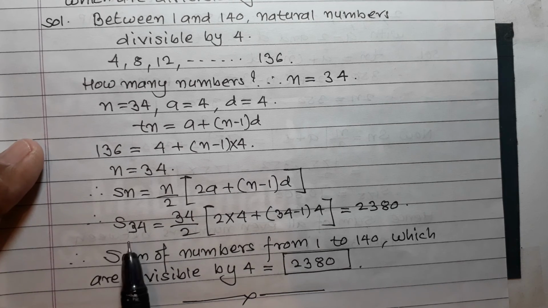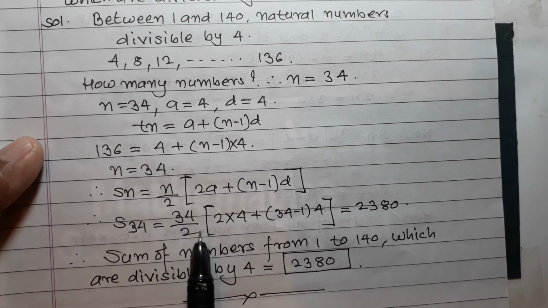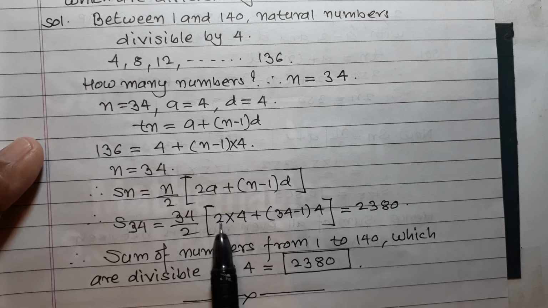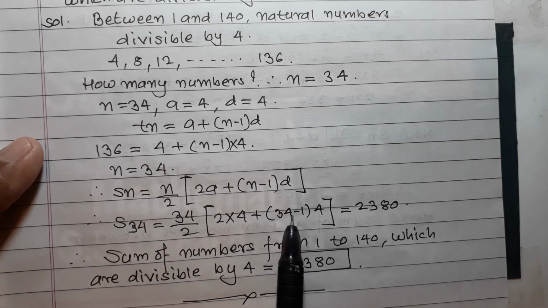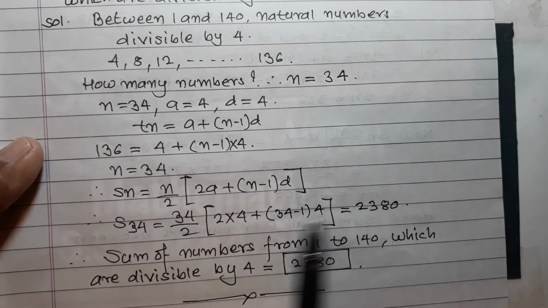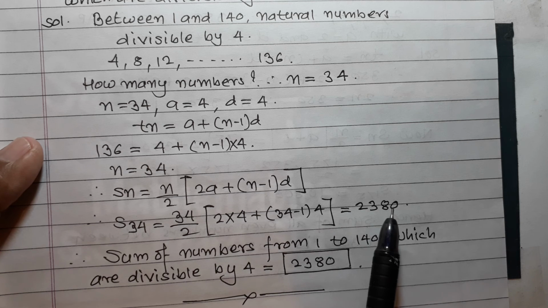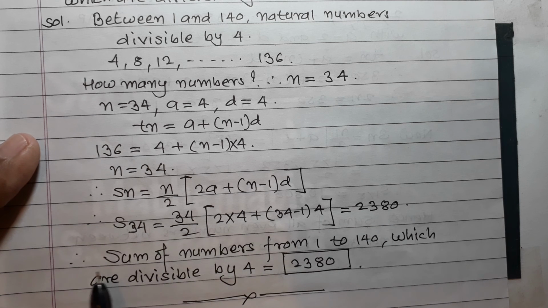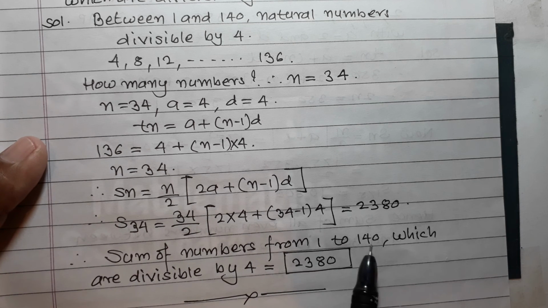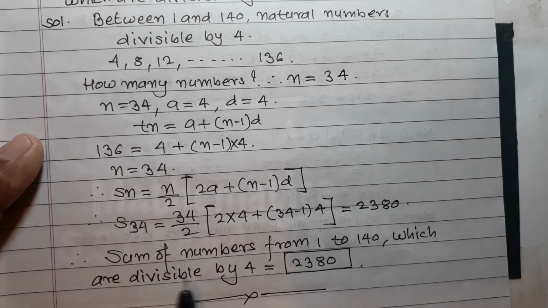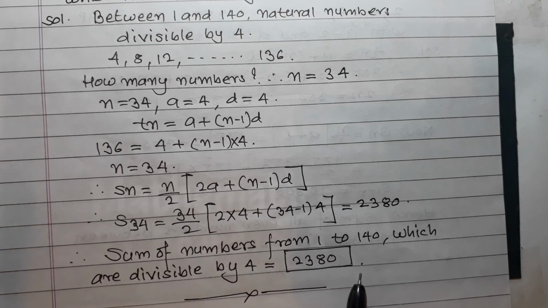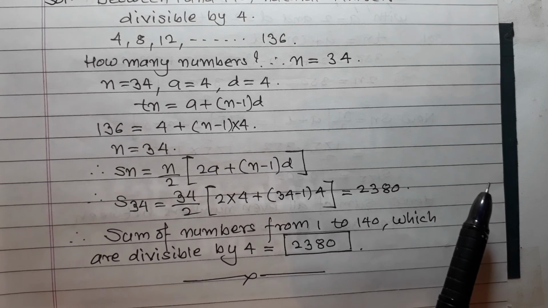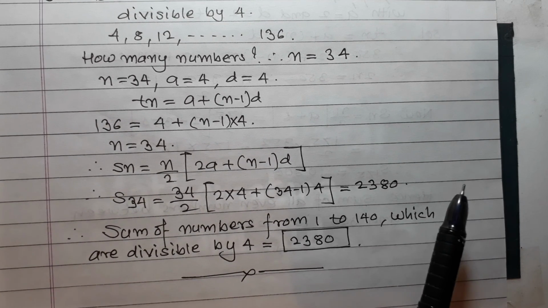So S34 is equal to 34 upon 2 into bracket 2 into 4 plus 34 minus 1 into 4, which gives you 2380, and therefore the sum of numbers from 1 to 140 which are divisible by 4 is 2380.